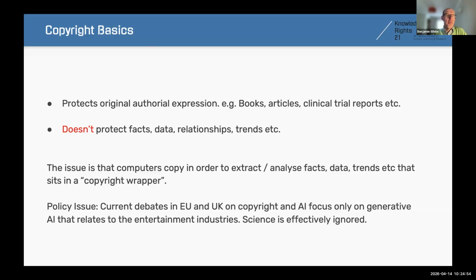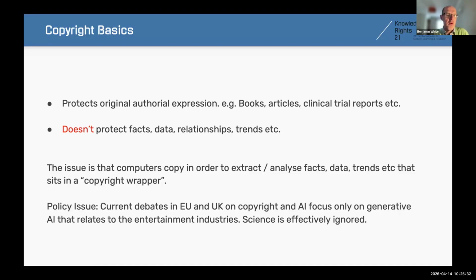So a few copyright basics. Copyright protects original authorial expression, so books, articles, clinical trial reports. It doesn't protect facts, data, relationships, trends. So the copyright issue when it comes to machine learning is that very often the facts and data, trends, relationships that sit in articles, clinical trial reports, websites, etc., the facts themselves are not protected, but they sit in what I call a copyright wrapper.